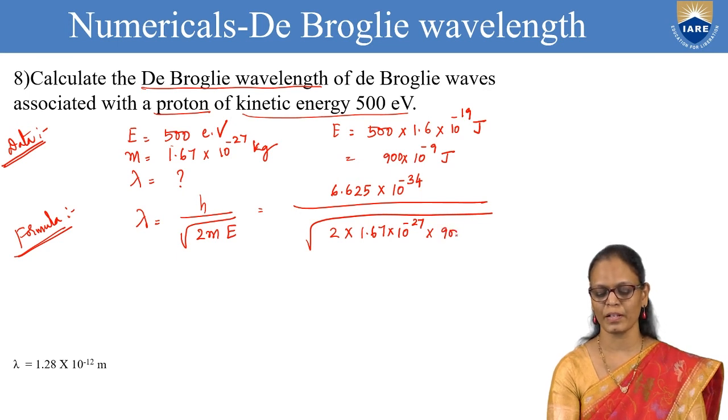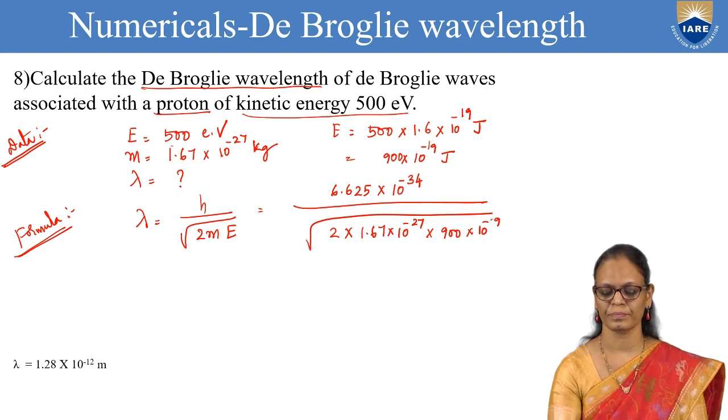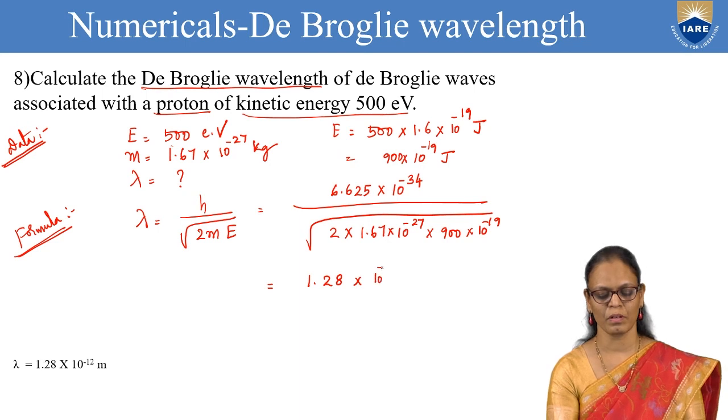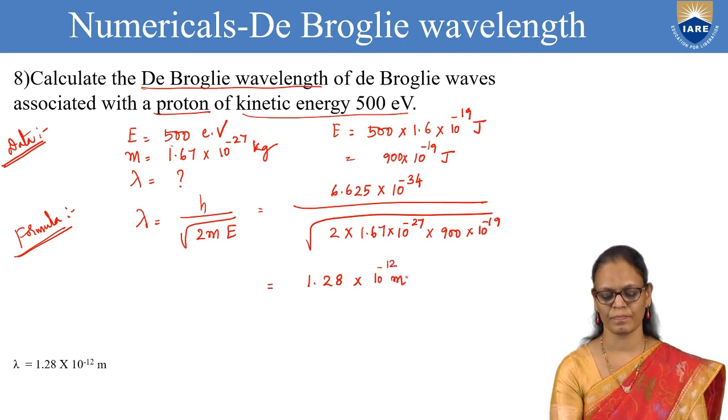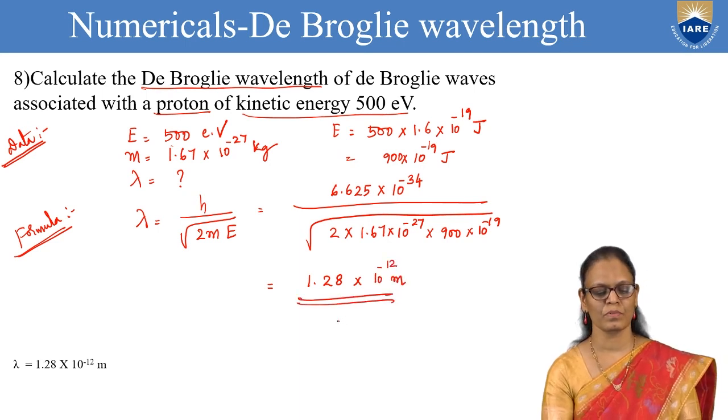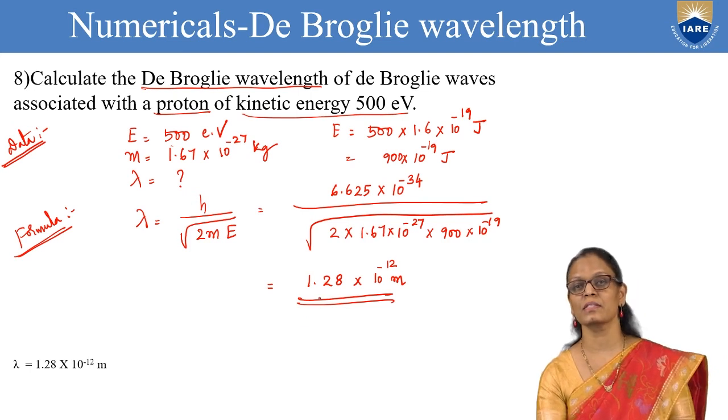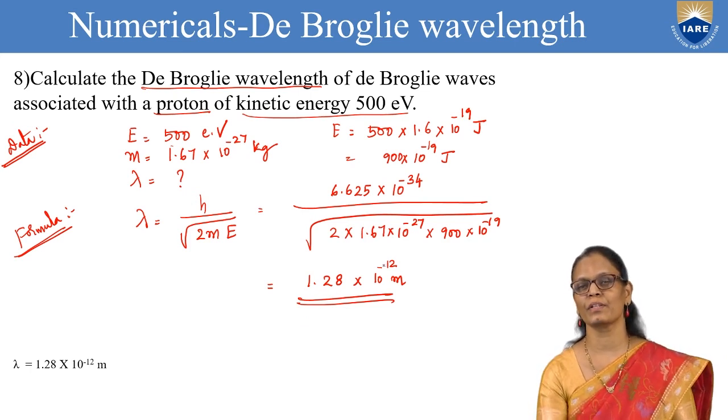So this will be 800 into 10 power minus 19. Sorry. So when you simplify it, you get 1.28 into 10 power minus 12 meter. So the wavelength is 1.28 into 10 power minus 12 meter.